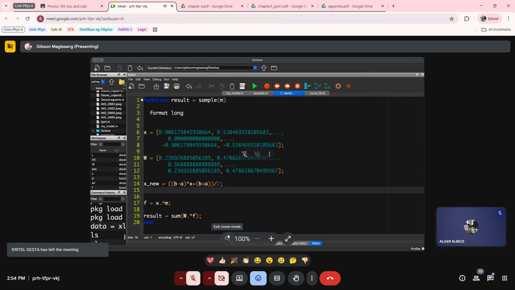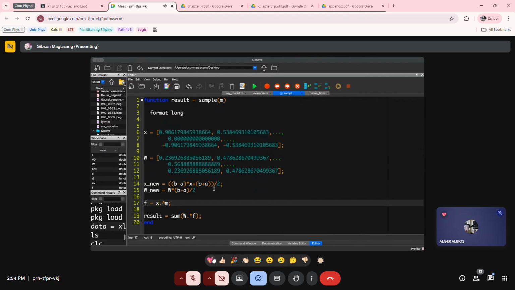Right? Then the w new would be w times b minus a over 2. Right? So this x, instead of x, this would be x new. And this would be w new. Okay? Did you get it or not?